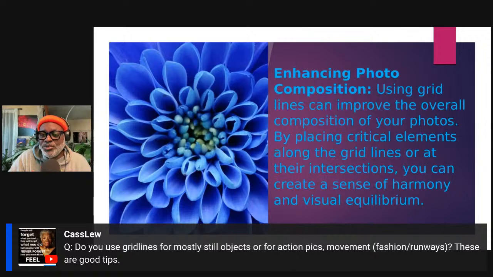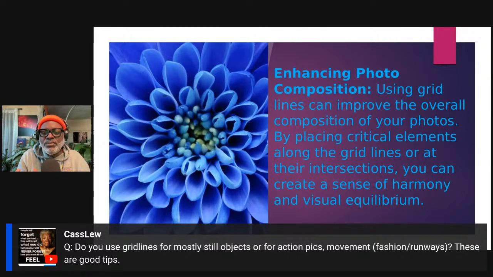Like I said, when I'm doing fashion week and I'm watching that fashion model coming down the catwalk, sometimes I want her to the left, and I want the leading line of the catwalk to move towards her, and I'll put her on the left side because I want to tell the story with her engaging with the audience. So I may have her in the right quadrant or the left quadrant because I want to include the audience, the observers.